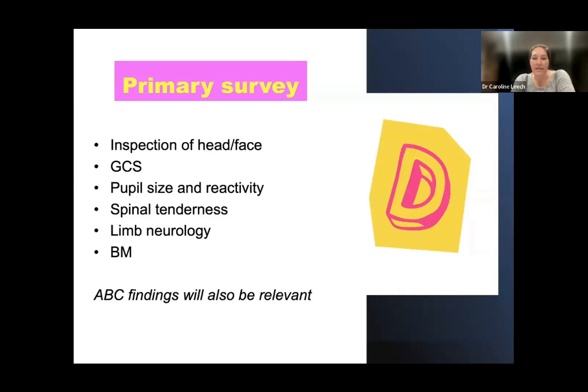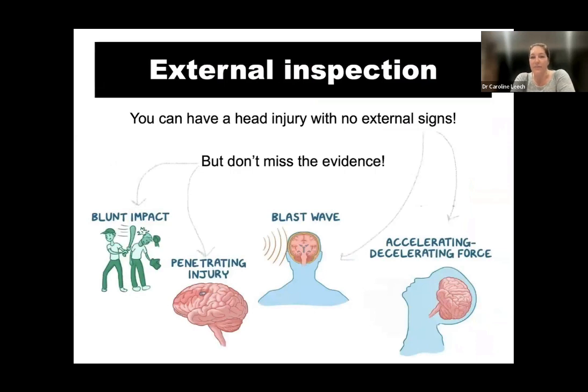So let's start then with our external inspection. So there are obviously head injuries where there are blunt trauma or penetrating trauma, and you will notice that they have a boggy swelling, or they have a laceration, or they have bruising. And it is important that we elicit those signs as the clues on our primary survey.